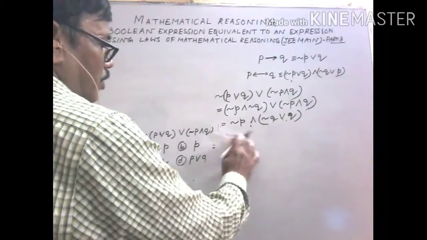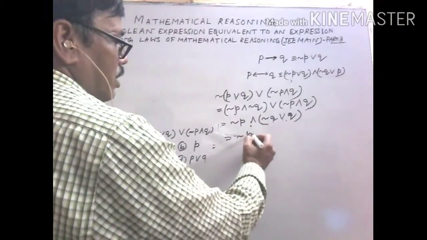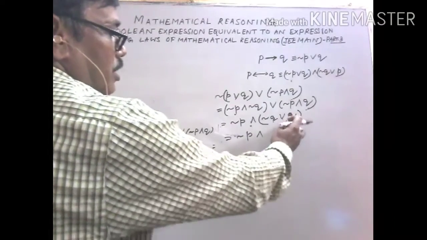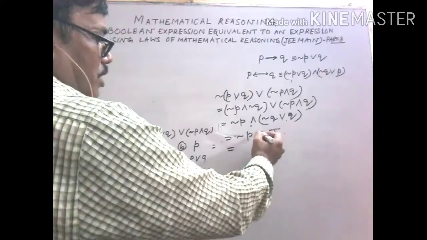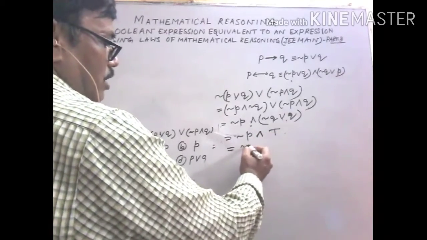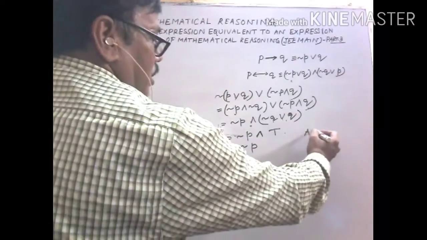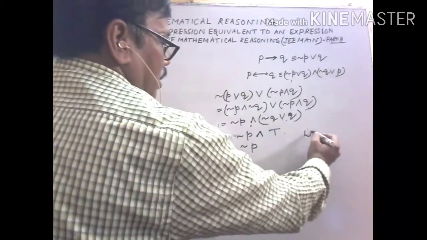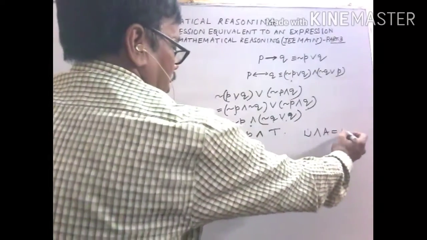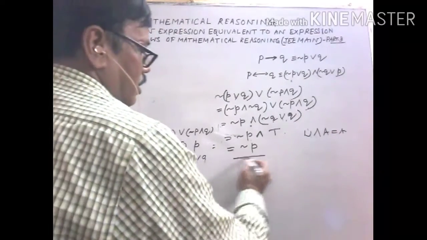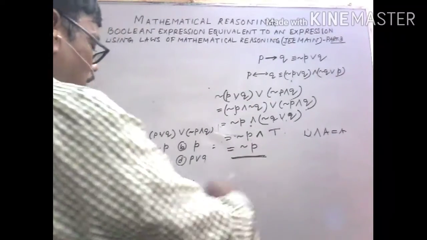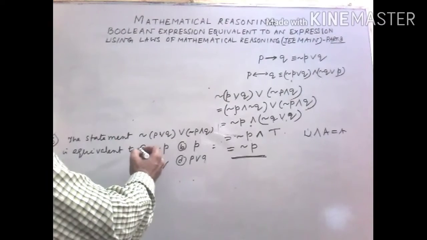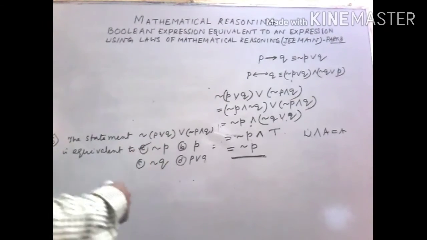So this is equivalent to negation P intersection, this is A union A dash, that is tautology. Now this is intersection, so A intersection U equals A, so negation P. So this big expression is equivalent to only negation P. So the answer is negation P.